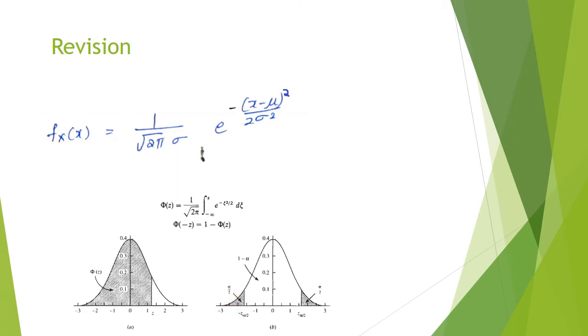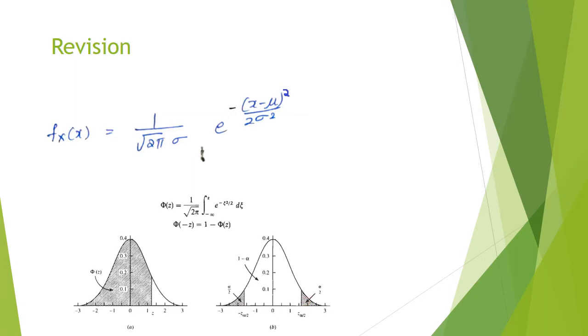Now the table has only positive values, as I discussed in the last class, so we won't get a value for negative z. But in the graph, this portion is the same as this area, because the graph is symmetric, so this area will be equal to this area. What is this area?